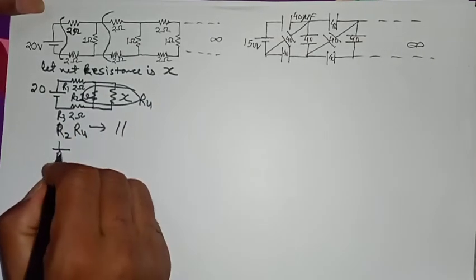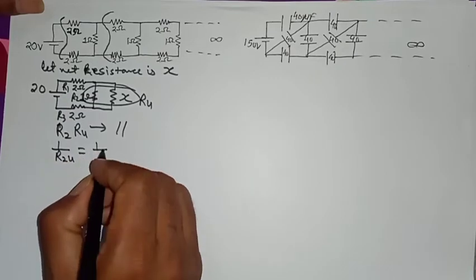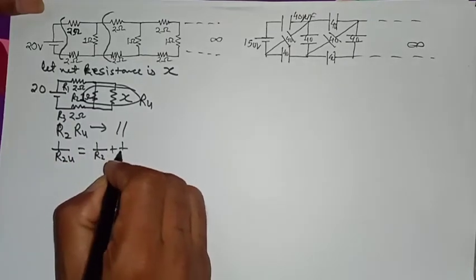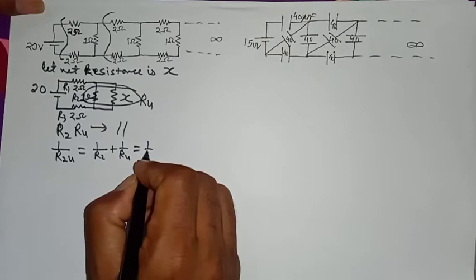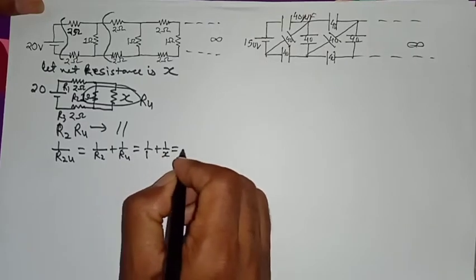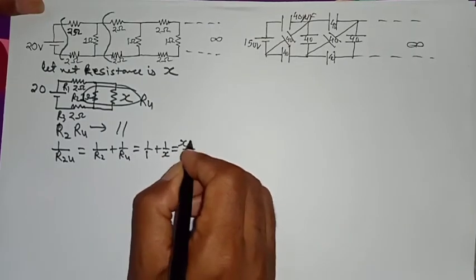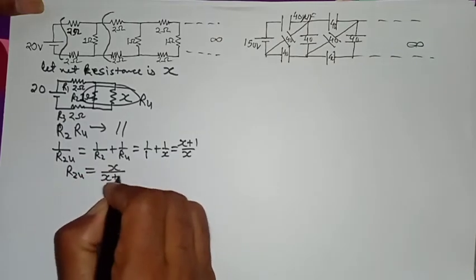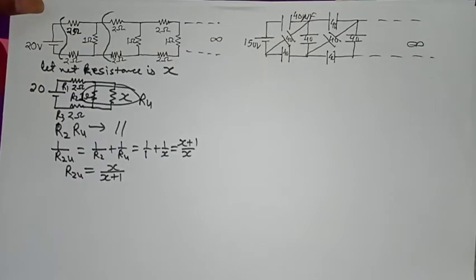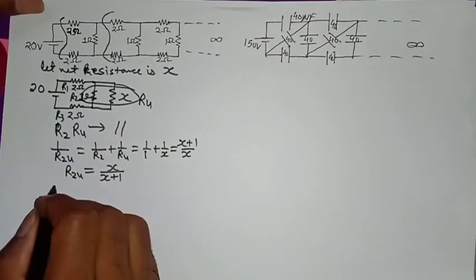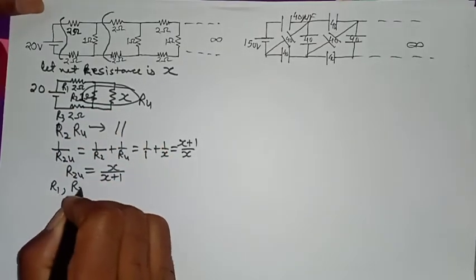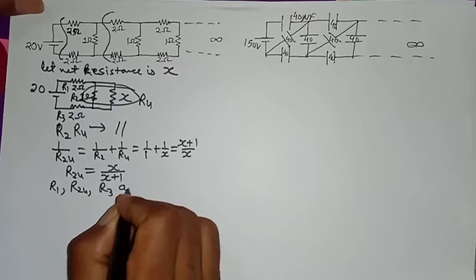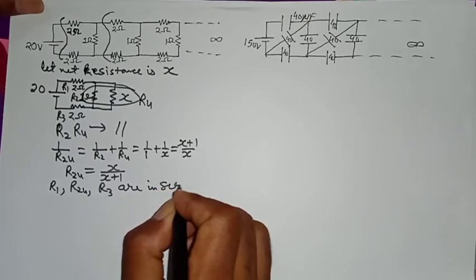So 1 upon R24 is equal to 1 upon R2 plus 1 upon R4, that is 1 upon 1 plus 1 upon X, so R24 equals X upon X plus 1. And now it is in series combination with R1 and R3. R1, R24, R3 are in series.